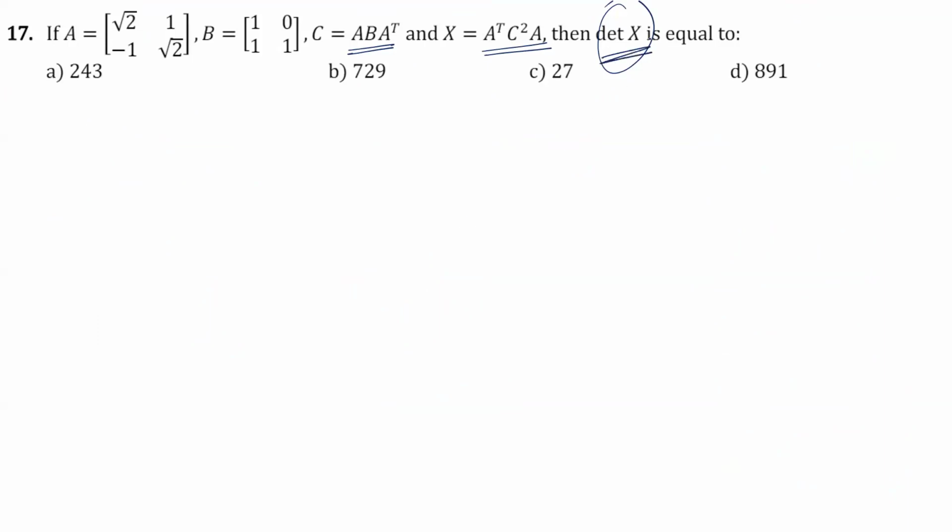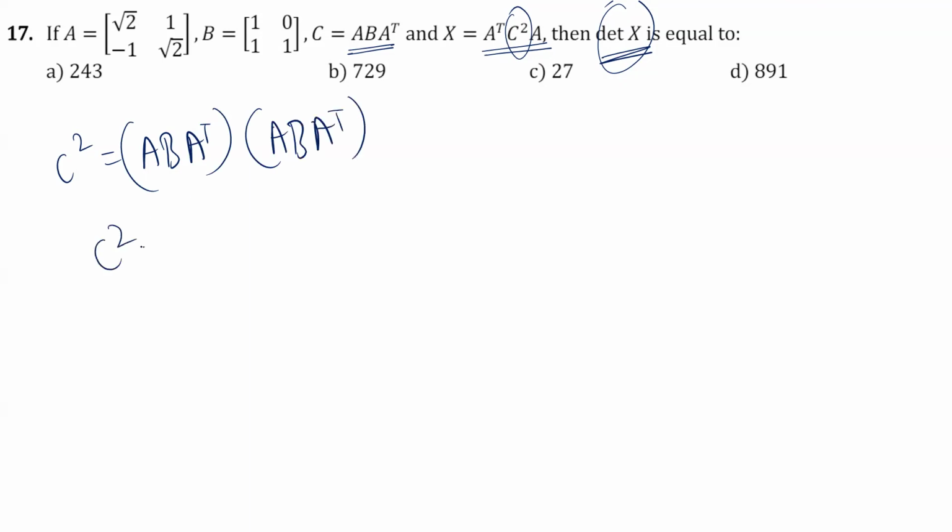Here determinant of X. That we can find out by first calculating C square. Yes. So how much will be C square? C is A B A transpose, so C square will be A B A transpose A B A transpose. So A transpose A, how much is it? You can calculate this.